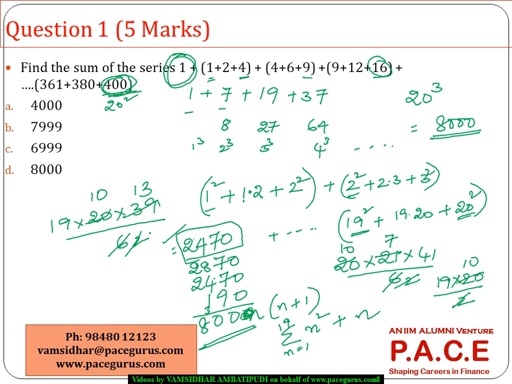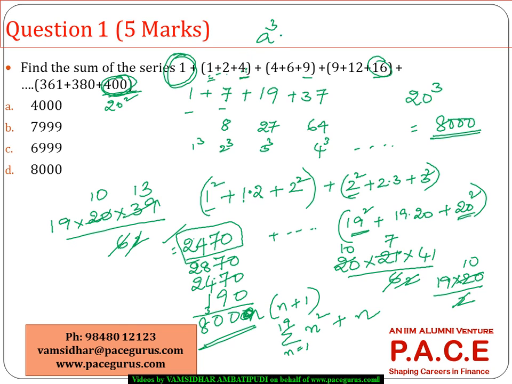Whatever mechanisms I'm trying out, this is also looking at a squared plus ab plus b squared. This is nothing but a squared plus ab plus b squared kind of scenario.